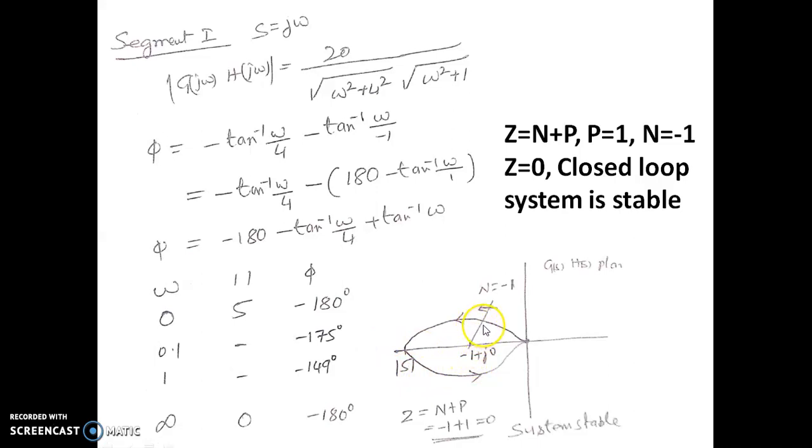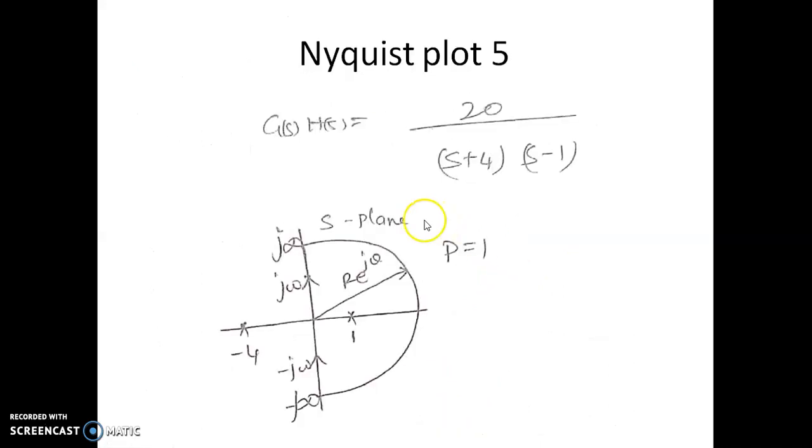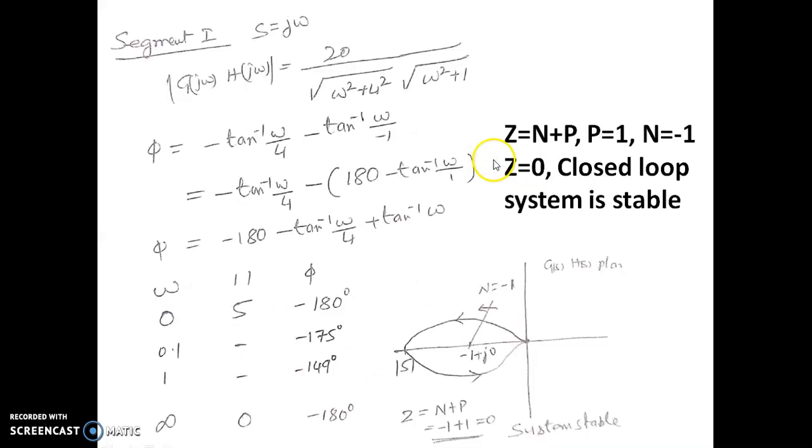This is encircled by the contour in the anti-clockwise direction, so the value of N is equal to -1. P is 1 because there is one open loop pole enclosed by the contour, because of the s minus 1 term. So P is 1, N is -1, so this comes out to be Z equal to 0.